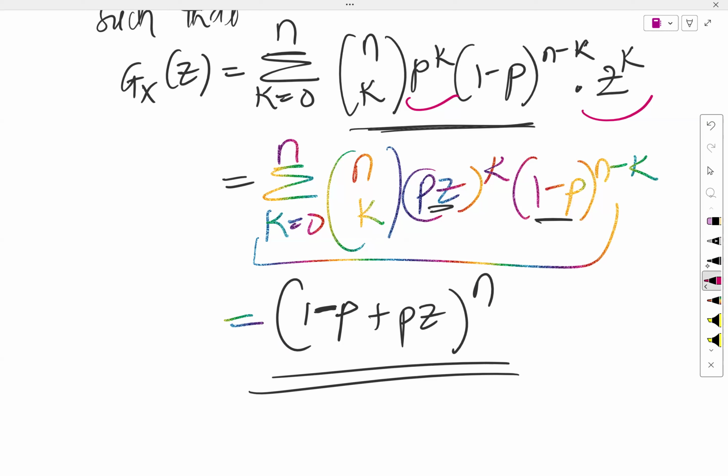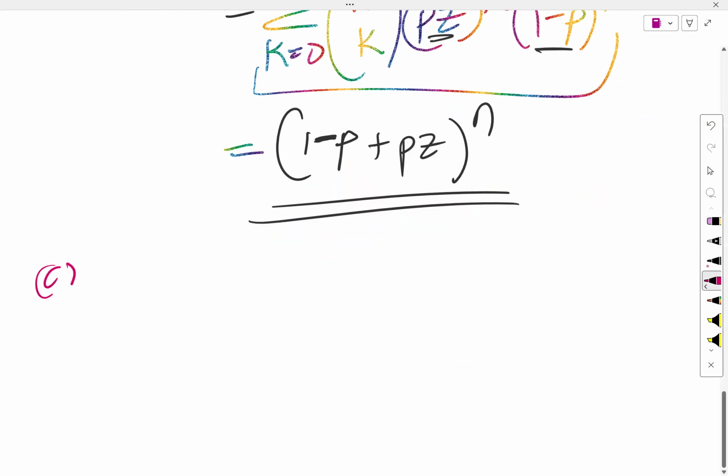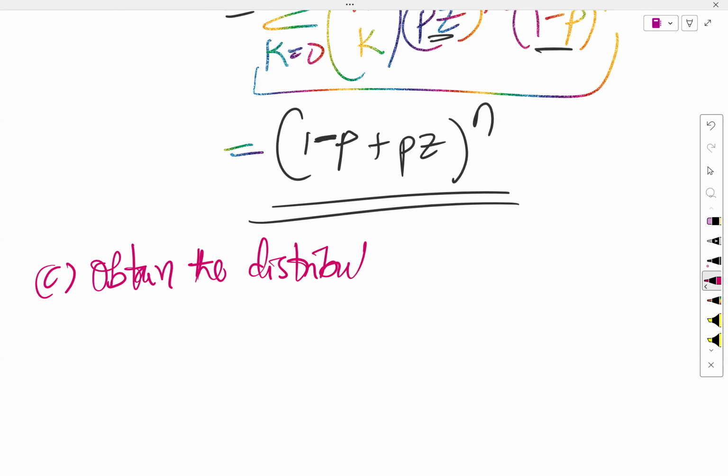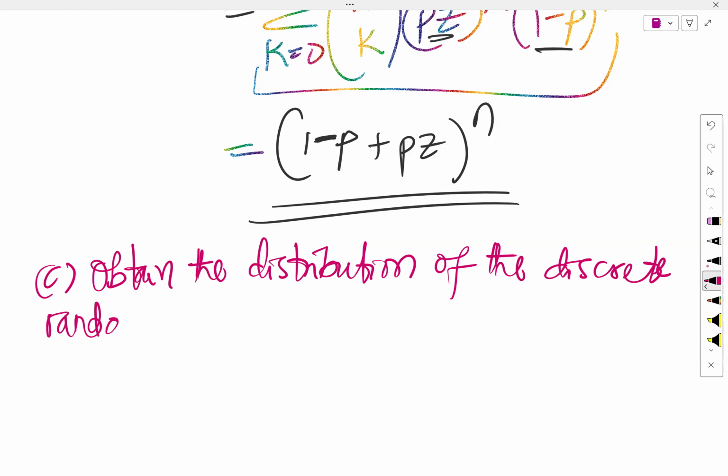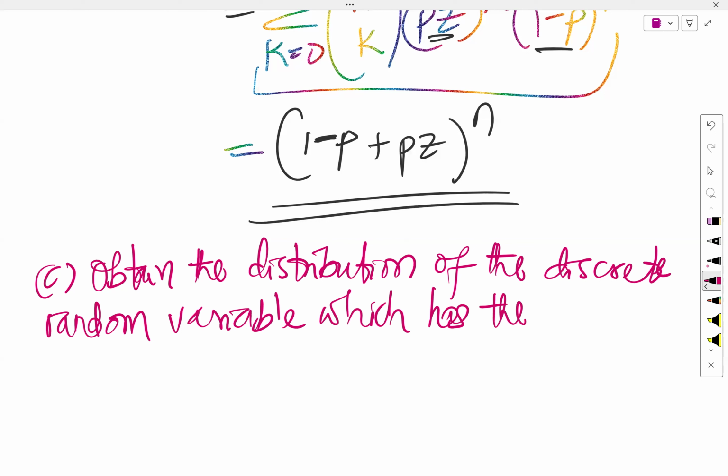That's question C. Question C says to obtain the distribution of the discrete random variable which has the characteristic function.